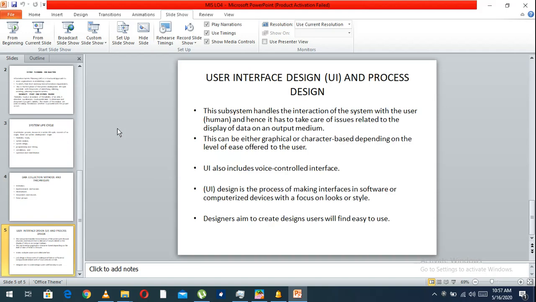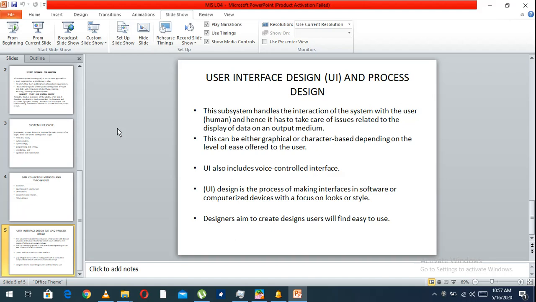We are going to our next heading, user interface design and process design. This handles the intersection of the system with the human beings, and hence it has to take care of issues related to the display of data on an output medium.